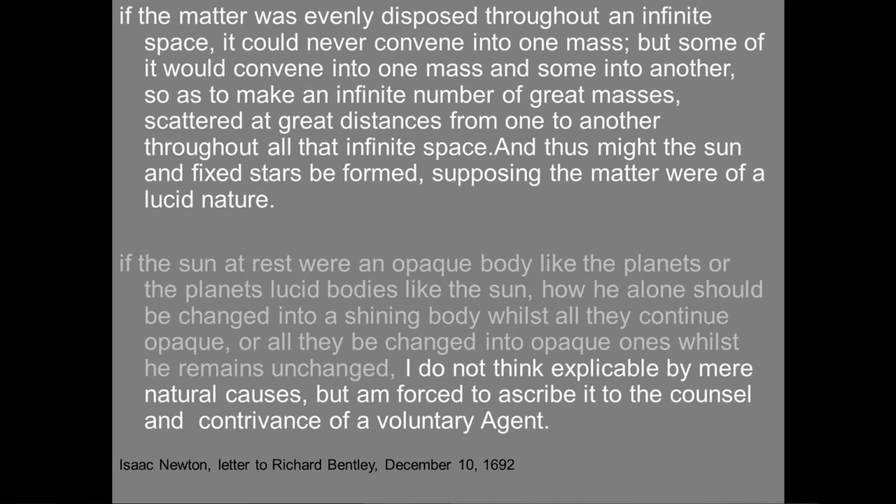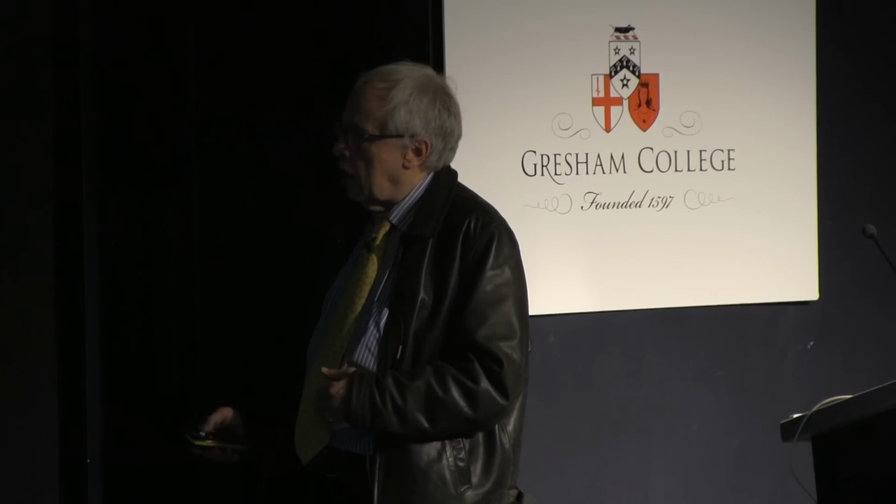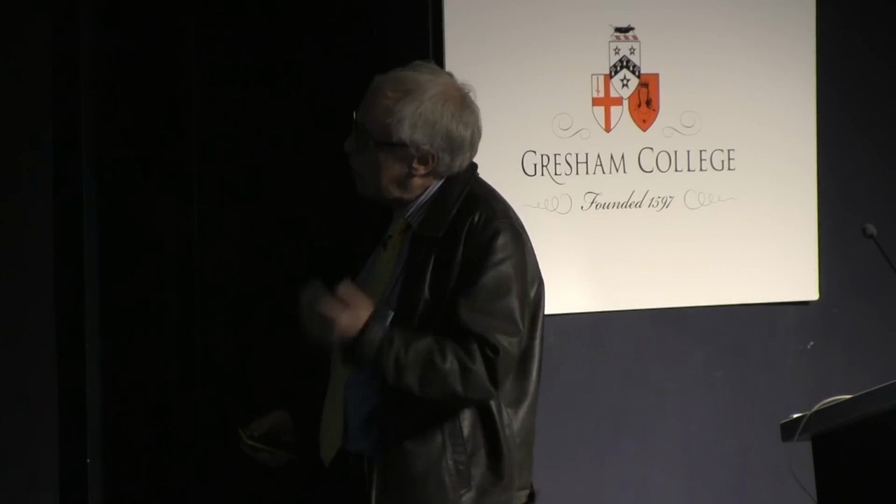It was obvious that planets were things that were shining by reflected light from the sun, even then, okay? And he gave up at this point, and he said, let me infer the counsel and contrivance of a voluntary agent. He was a religious person, and I think he was referring to his God, basically.